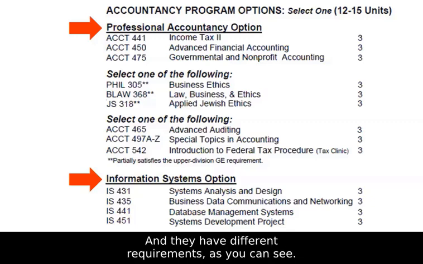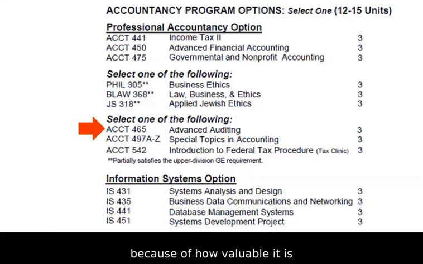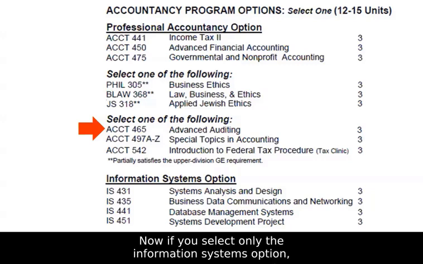And they have different requirements, as you can see. For the 3-unit elective, if you are in the professional accountancy option, almost all students take advanced auditing because of how valuable it is to passing the audit section of the CPA exam.